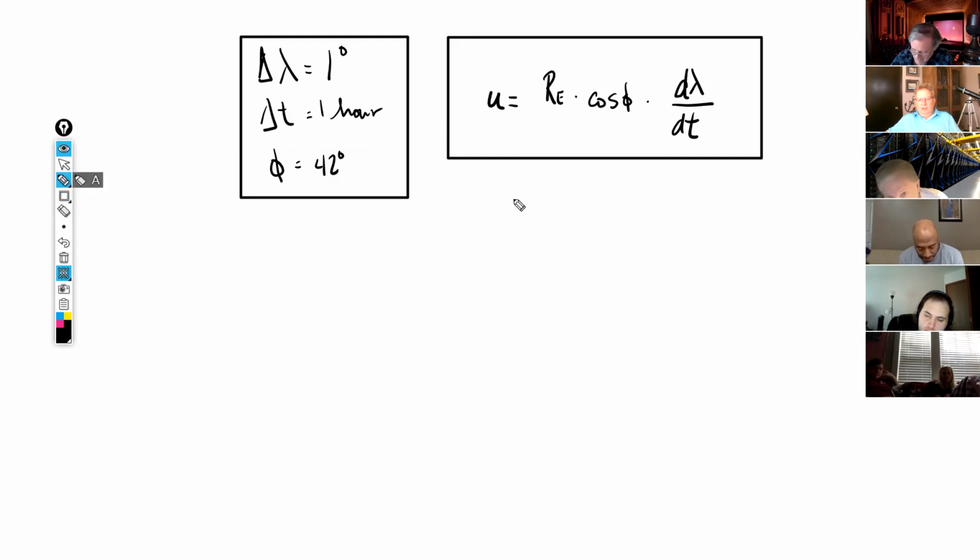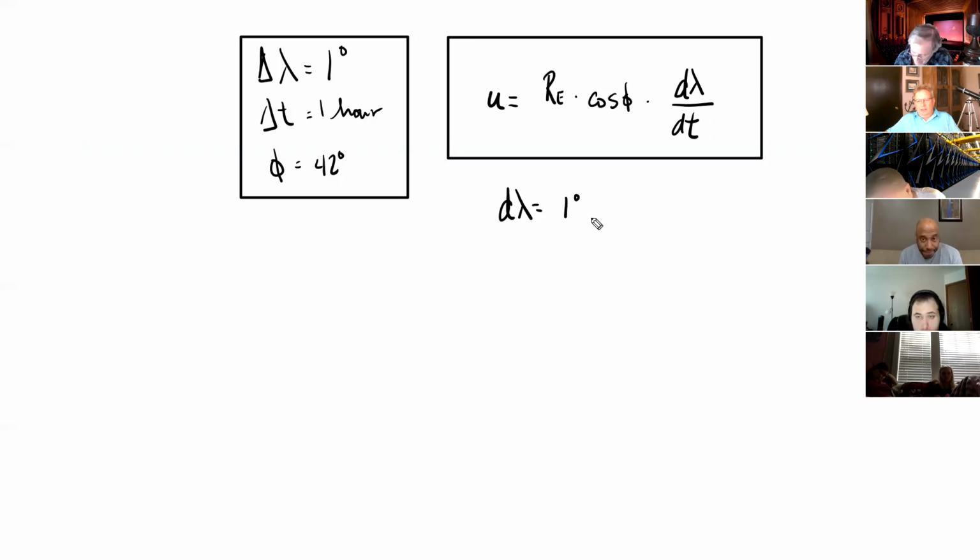So now I'm going to go to more calculus and say, d lambda is equal to 1 degree. But 1 degree is actually 2 pi radians divided by 360 degrees. But for simplicity, I might want to change that to pi over 180.